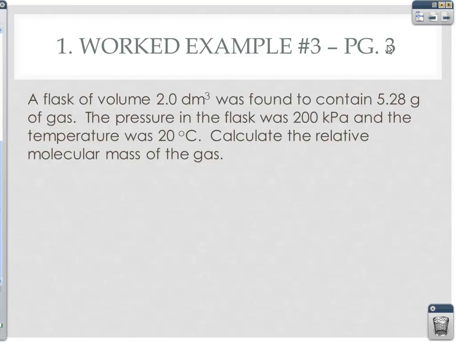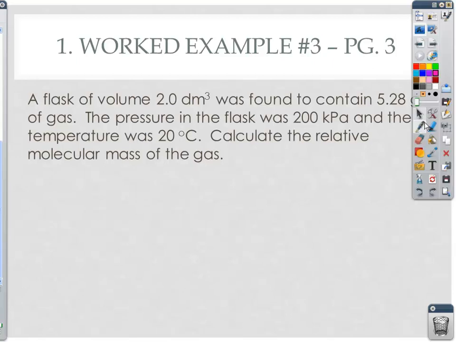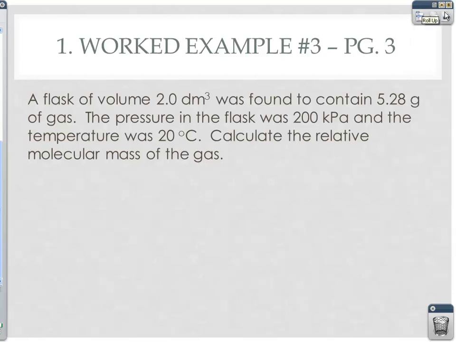So here is your example. You have a flask of 2 liters, and it contains 5.28 grams of a gas. The pressure in the flask was 200 kPa, and the temperature is 20 Celsius.